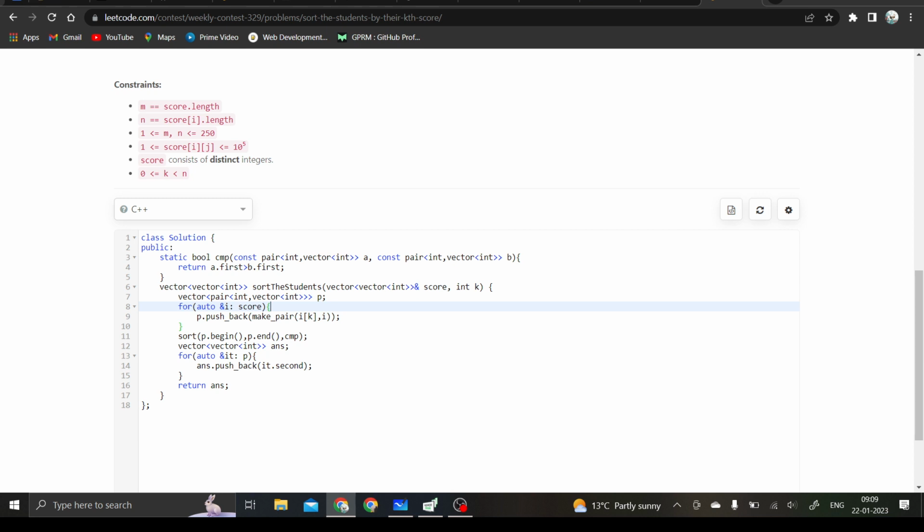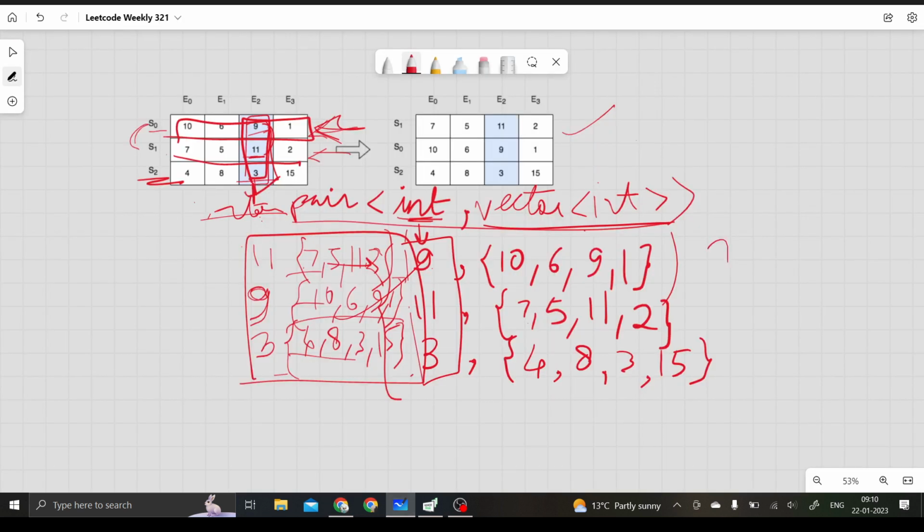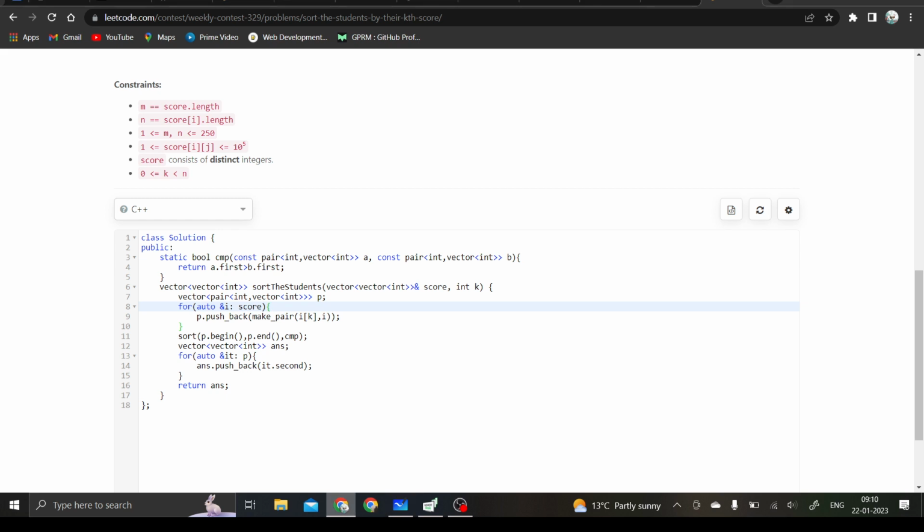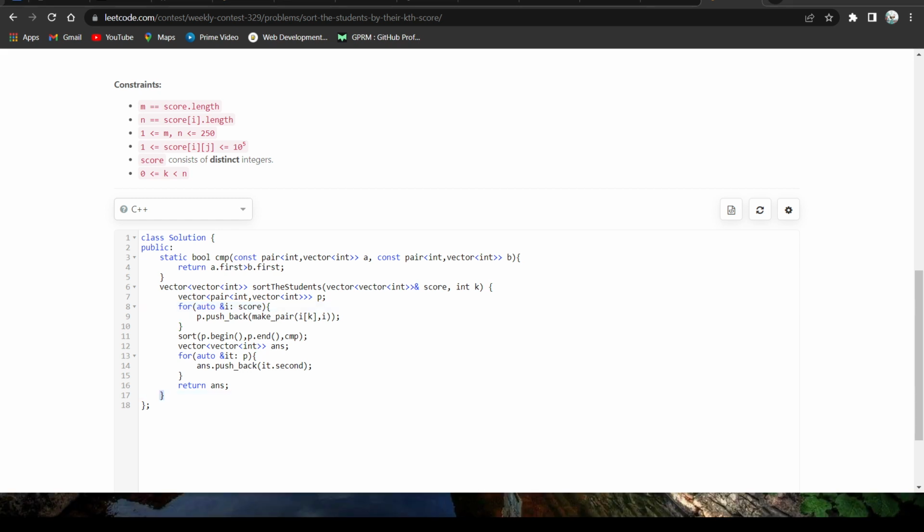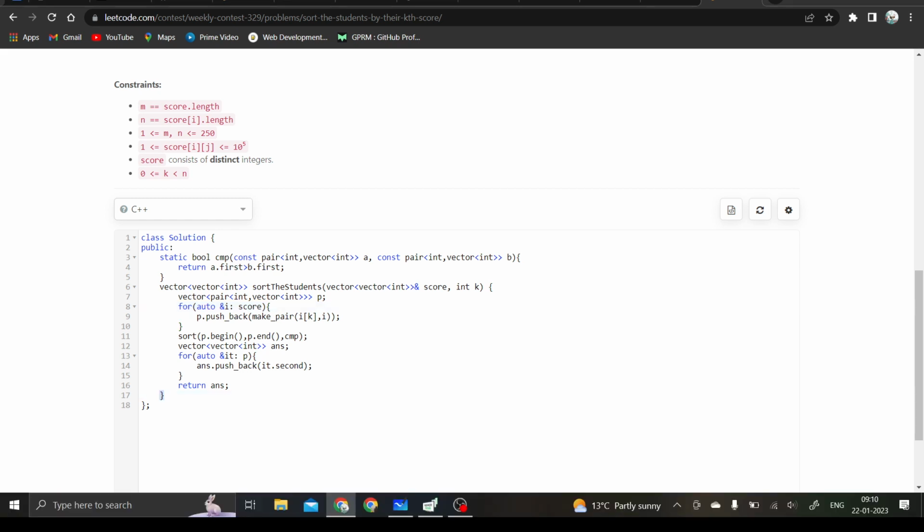Then we iterate over the score matrix and create the pairs, just as we saw earlier. Then we created a custom function to sort according to the first values in descending order, and then created our vector ans. After sorting, we put the second values, which are the rows, inside of this answer, and that is what we have returned.